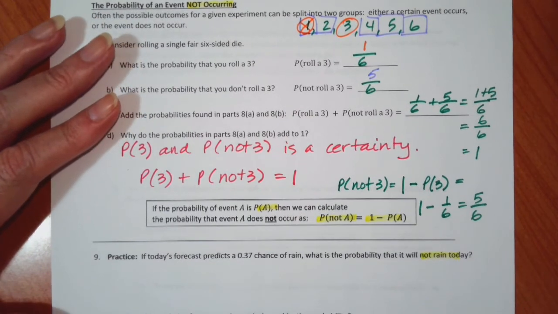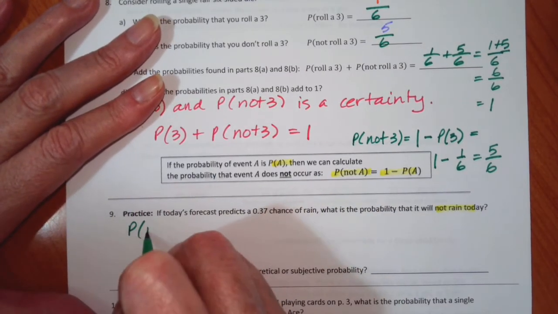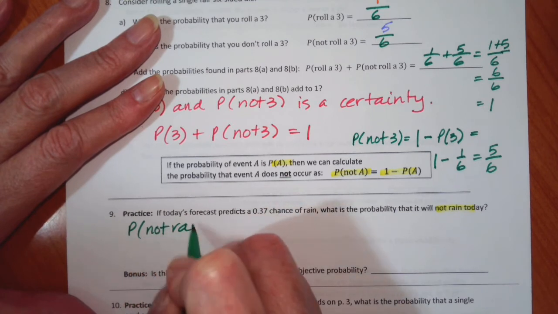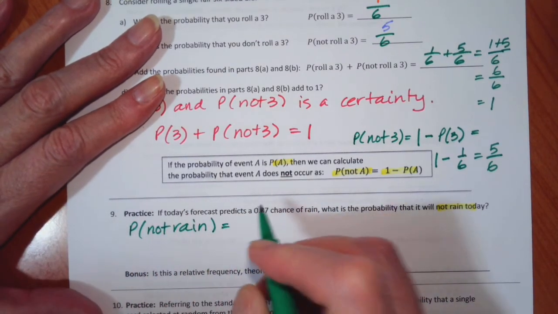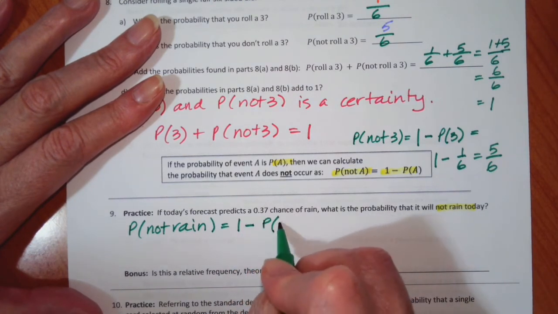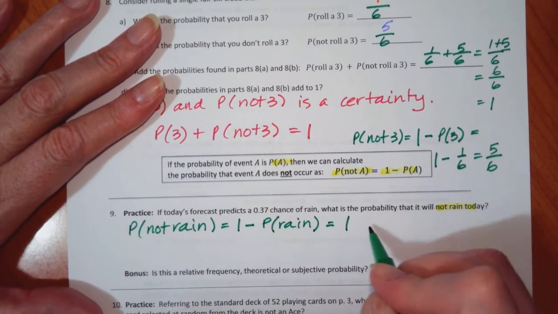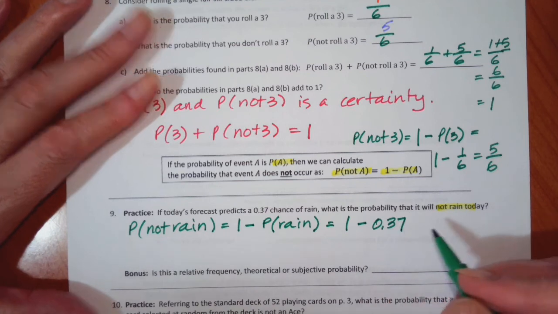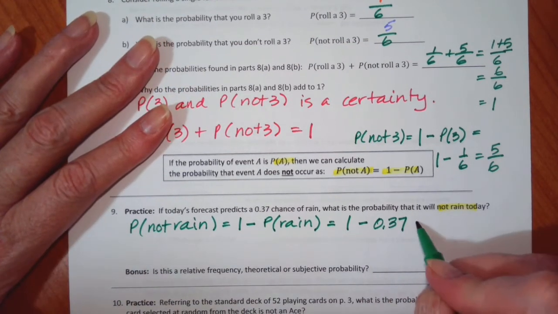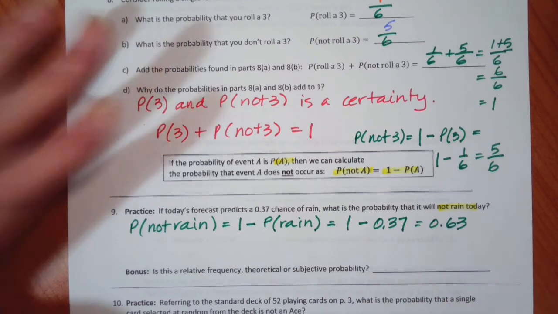So the probability of not rain is going to be equal to 1 minus the probability of rain, which gives me 1 minus 0.37, which is 0.63.